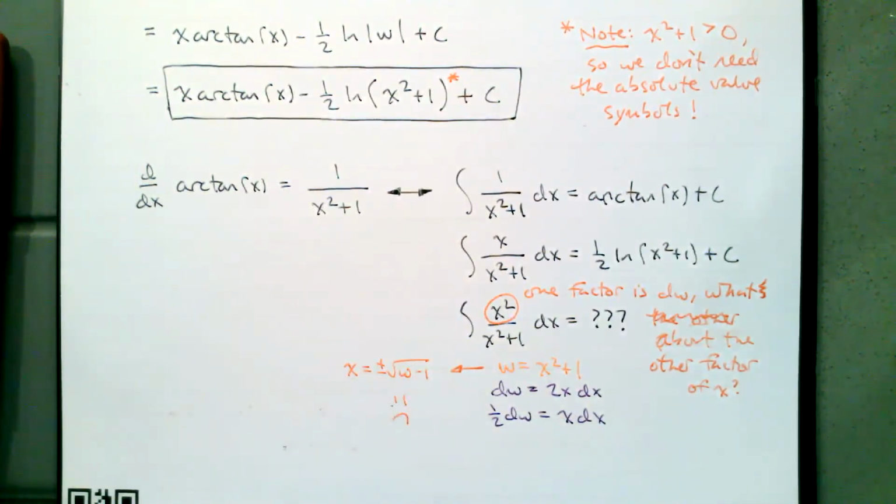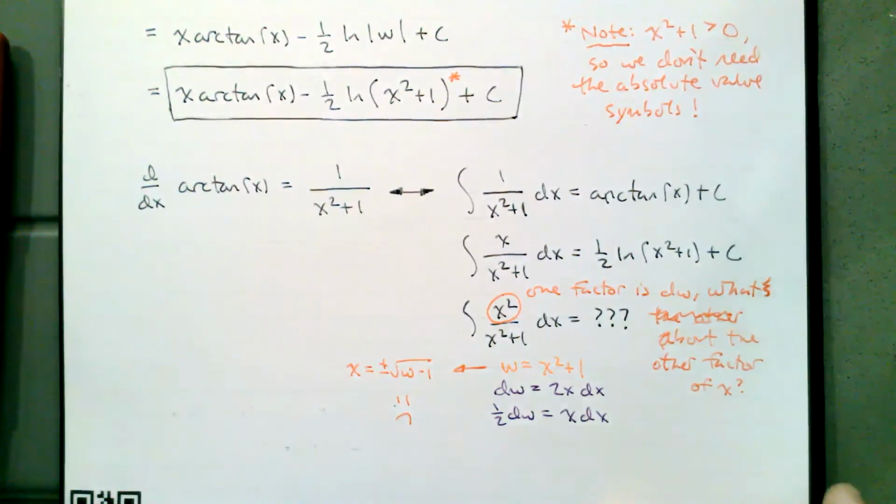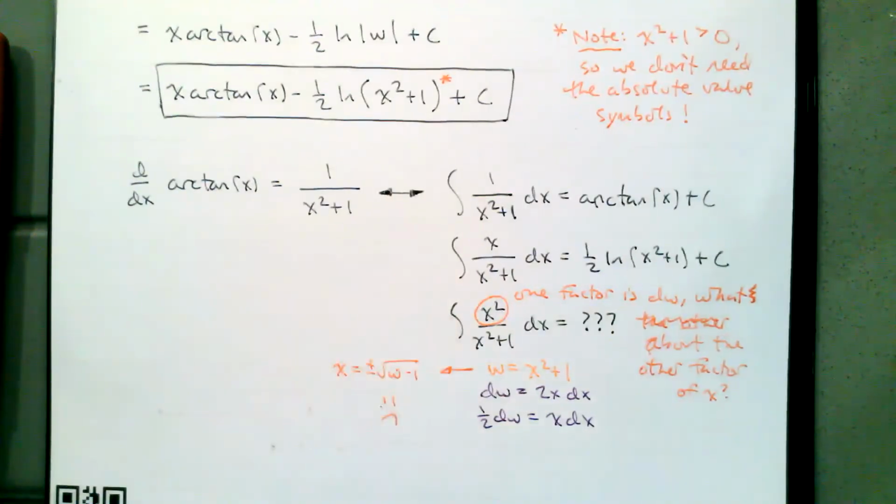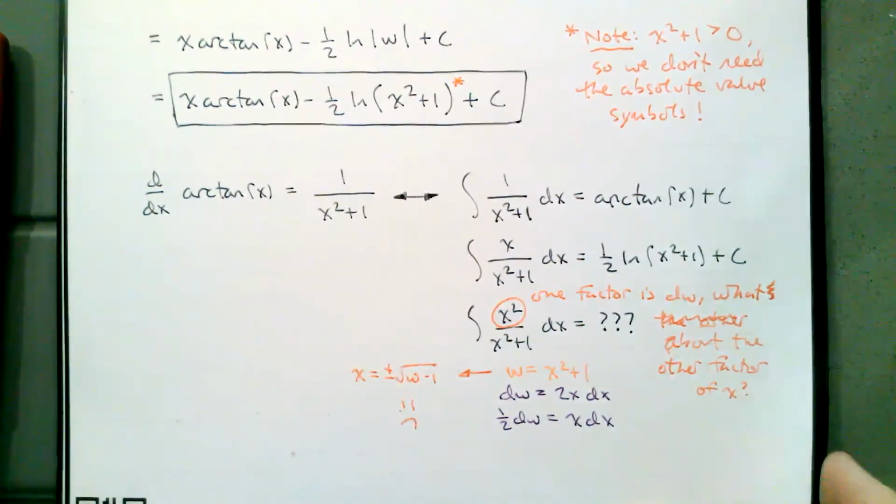But we don't want to introduce square roots into our integral, because I have a square root of w minus 1 over w. And we didn't really make good progress. So fortunately for us, when we have an x squared in the numerator above another x squared, we're going to reduce the problem to the previous problems.